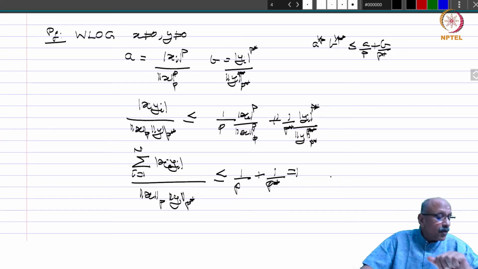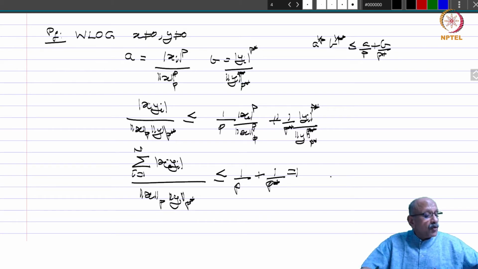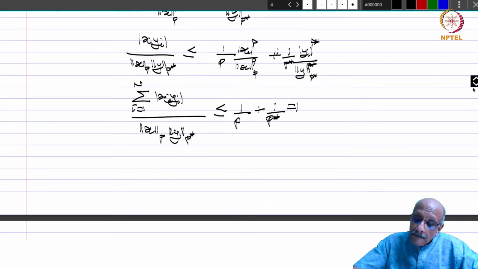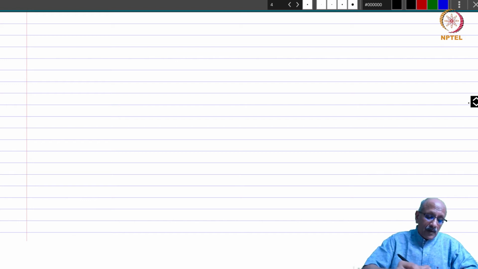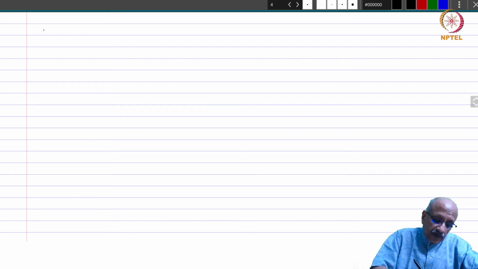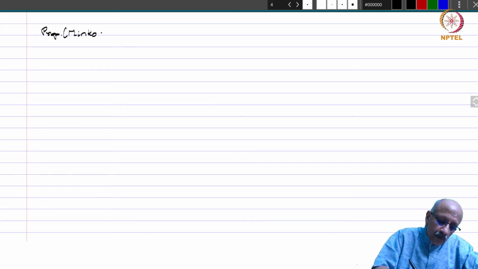Okay, so now we can use this to prove the triangle inequality for the norm x p. So we go to the next result. So proposition. This is called Minkowski's inequality.